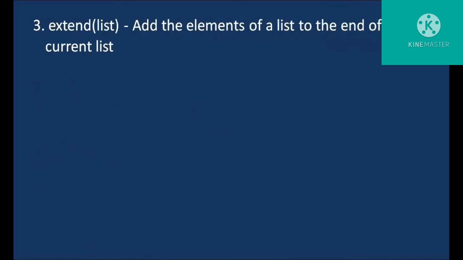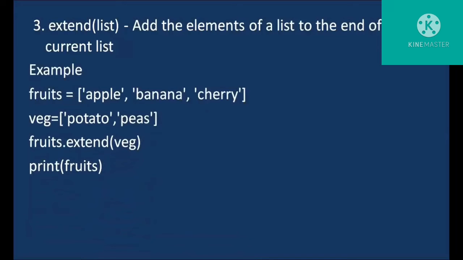Then you have the function called extend. When you want to add the contents of one list to another list, or concatenate the list contents of one list to the other list, in that scenario we make use of extend. So suppose I want to add all the contents of list 2 to list 1. List 2 becomes my parameter, the elements of the list which need to be added to the current list.